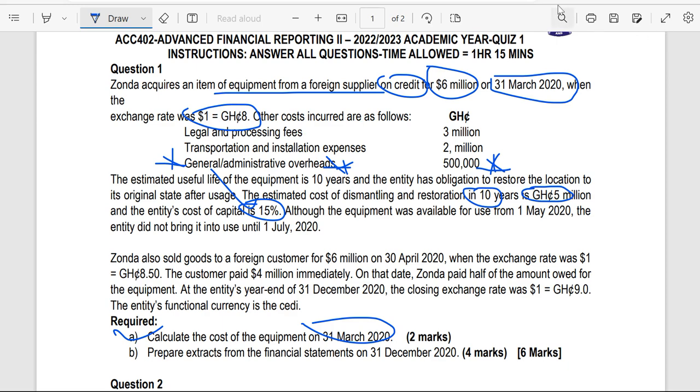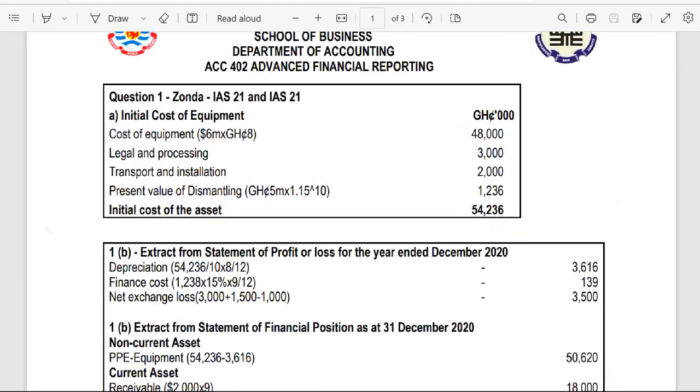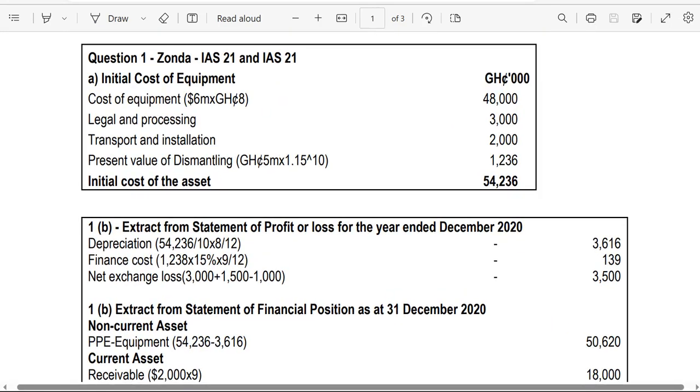That's what will constitute the cost of the item. And so this is how it will play out. The cost 6 million by 8 will give you 48, then the legal processing, transportation, and then the present value. The present value will give you 1236.